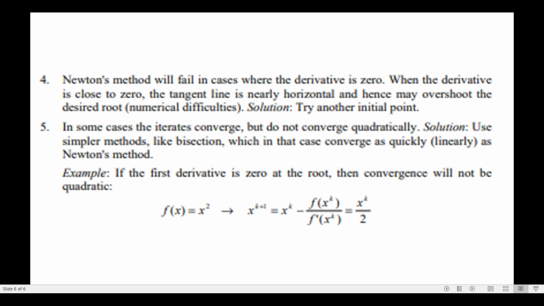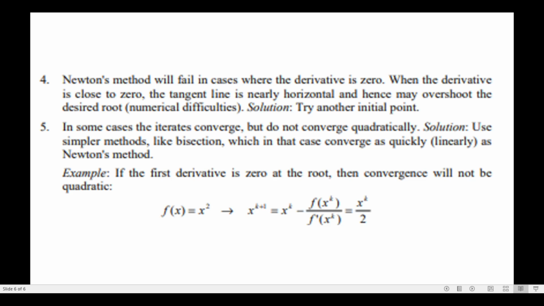The fourth one is that Newton's method will fail in cases where the derivative is 0. For any given function, if the derivative is 0, Newton's method will fail.